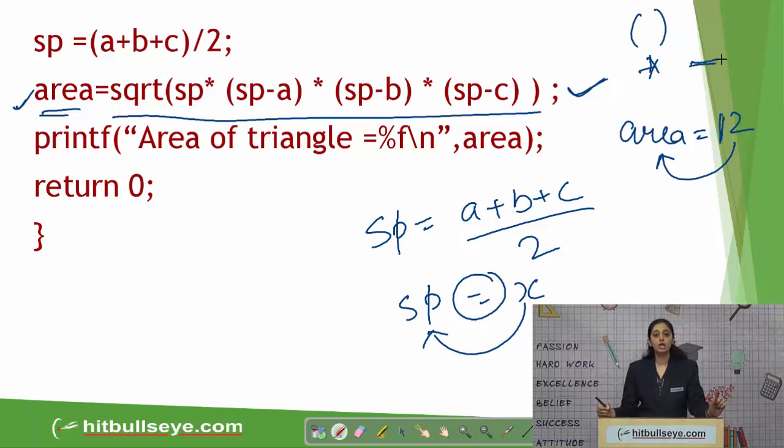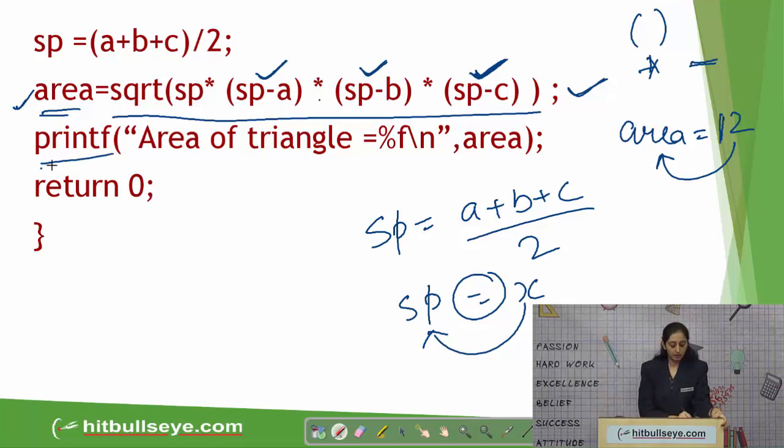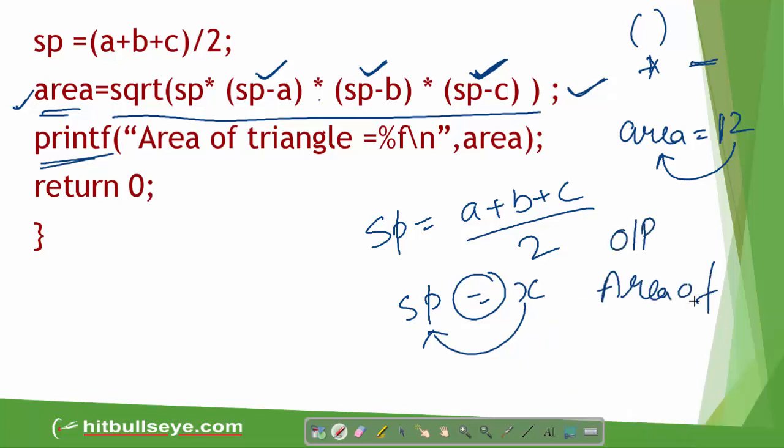First of all we solve the brackets. Why? Because according to our priority table, the postfix has the topmost priority, so we solve the brackets first, after that the multiplication, or the outer bracket, correct? Then printf will say area of triangle, so the output becomes area of triangle equal to 12, right? And return 0 is used for the termination of that program.